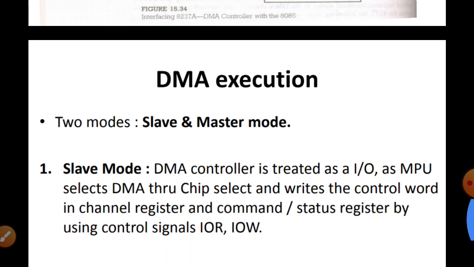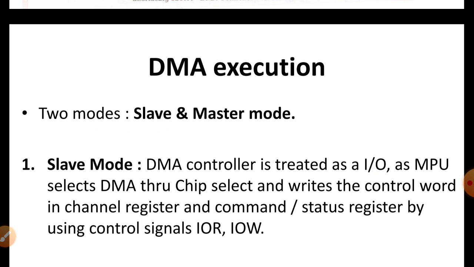Now, how does DMA execution take place? As I told you, it works in two fashions. At one time it works in slave mode, and another time it works in master mode.